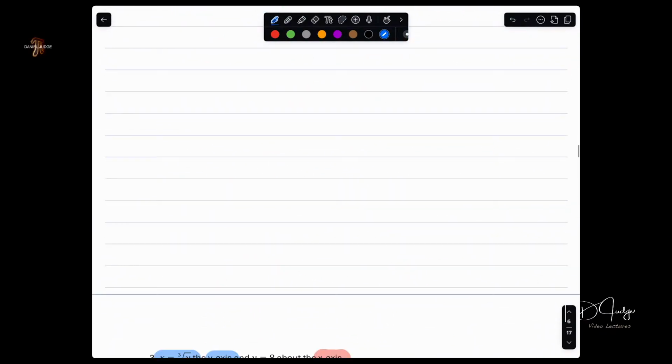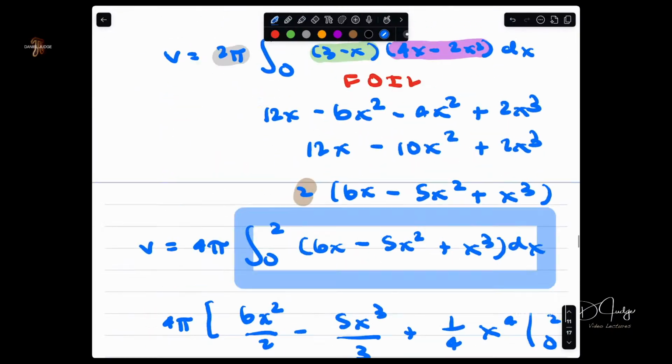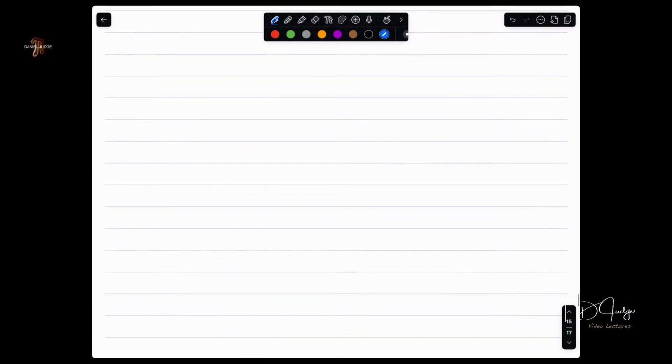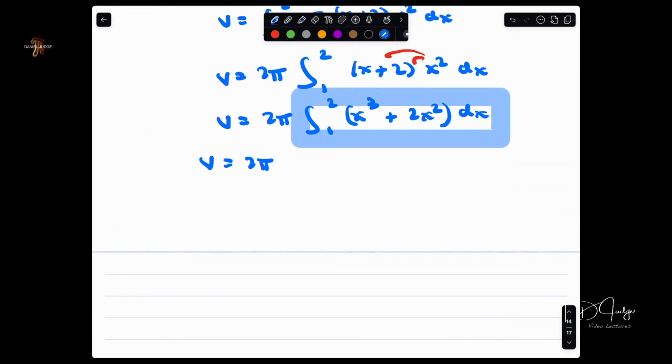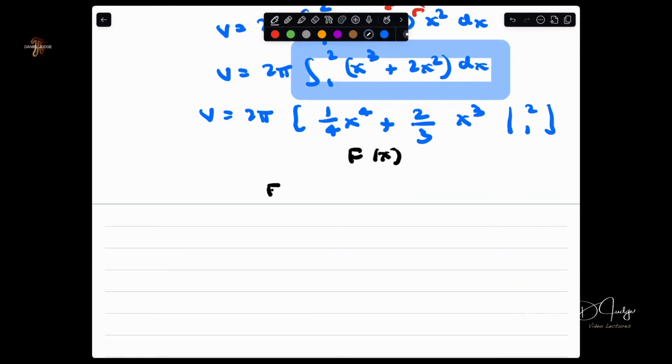Okay, let's integrate. 1/4 x to the 4th plus 2/3 x cubed. Evaluate that from 1 to 2. Okay.